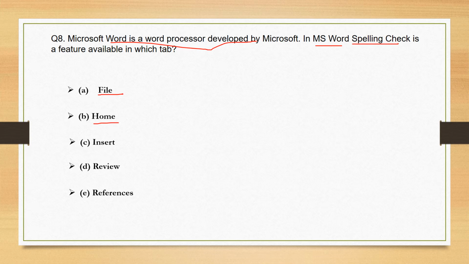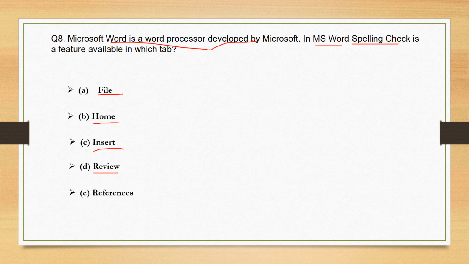You can select the colors whichever you want. In the insert option, you can insert various different graphics, images, tables, columns, different things. And the fourth option is review.